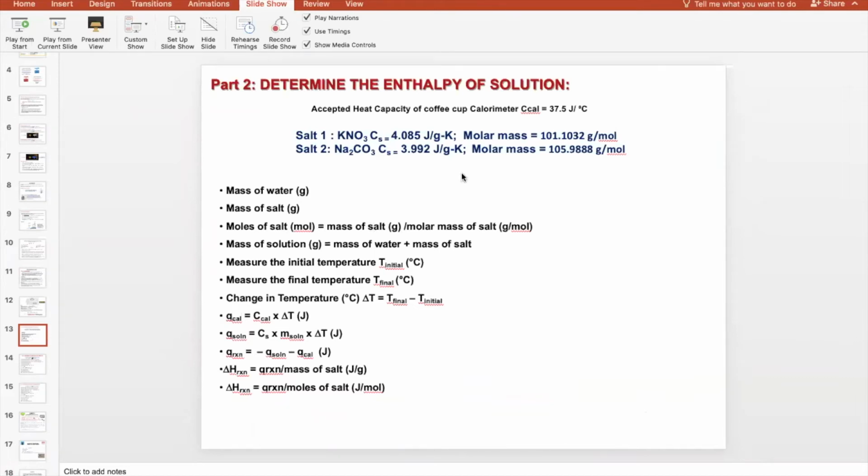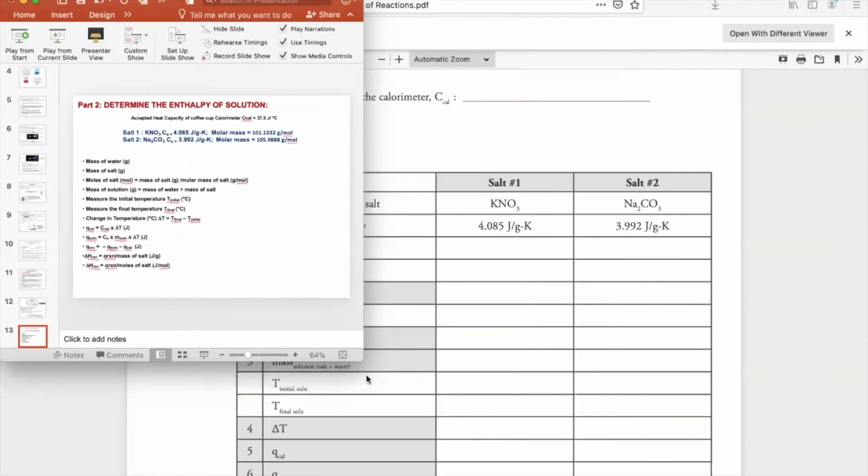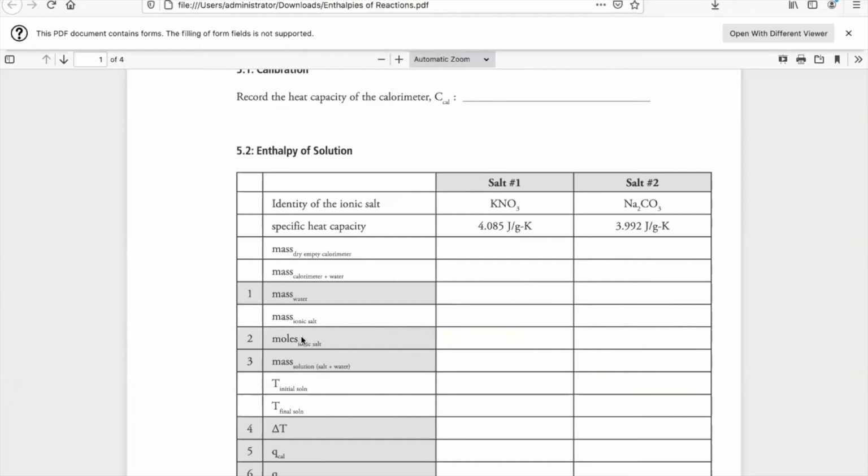So for line number 2 here, number of moles. So this is 2. Number of moles is given by the mass over molar mass. I need to get you the mass of the ionic salt.